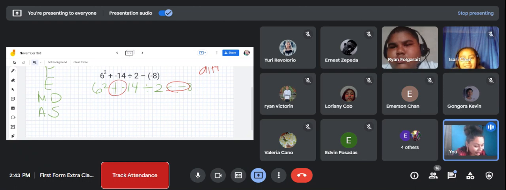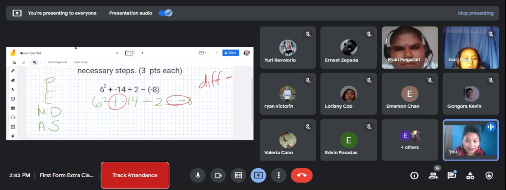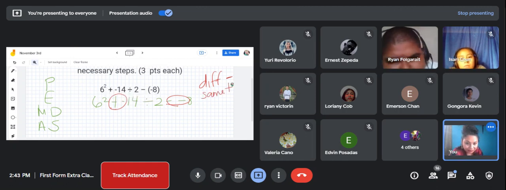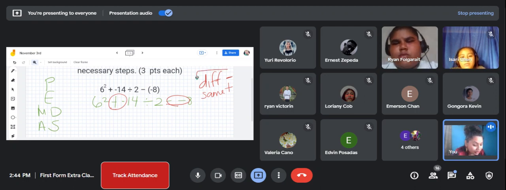When the signs are different, I'm going to put a minus. When the signs are the same, I'm going to put a plus sign. And I'm going to get rid of the double signs. This works all the time.